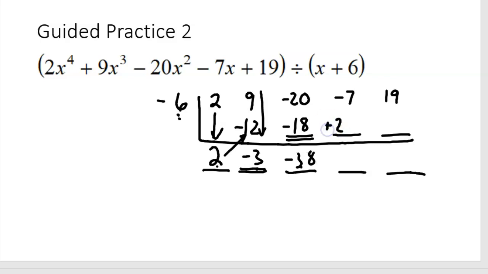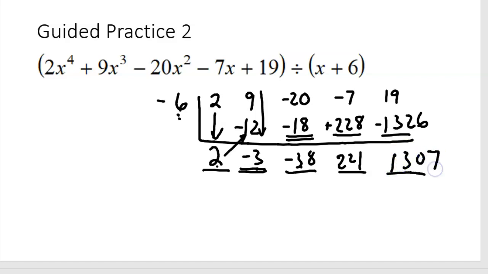And it's positive though. Add those together, you're going to get 221. Multiply again. 1326 negative. And then add the 19 to that. Sorry the numbers worked out so lame.